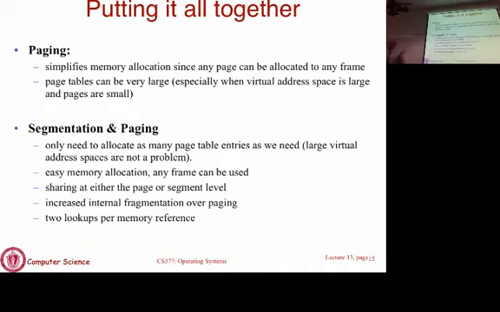Okay, now those are 4 different schemes, and the thing to keep in mind is that in all of those 4 schemes, we have still implicitly assumed that the entire process is actually resident in RAM. Okay, so we said the whole process is stored in RAM. Now we are going to relax that assumption. Okay, so not only will we let a process not be resident in RAM, we allow a single process to be bigger than RAM.